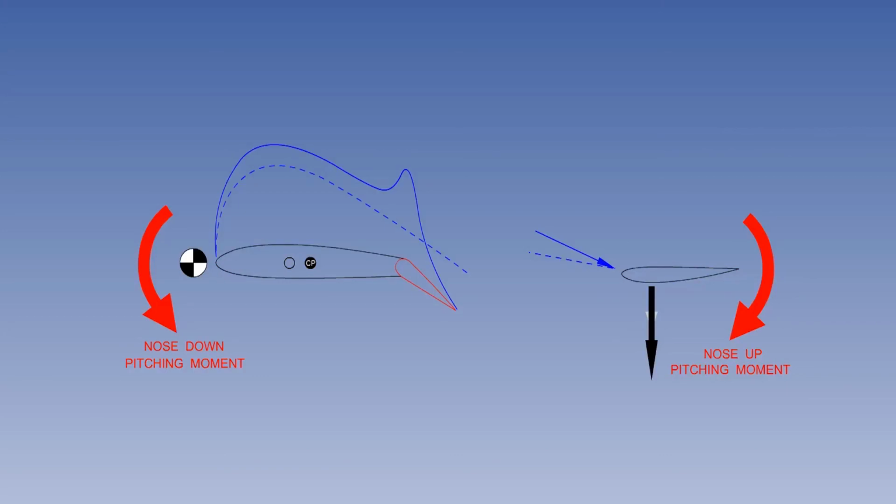The net pitching moment the aircraft experiences will depend upon which of the two pitching moments is dominant. On some aircraft, the net pitching moment will be nose down. On some aircraft, the net pitching moment will be nose up, and on other aircraft, there will be no net pitching moment.